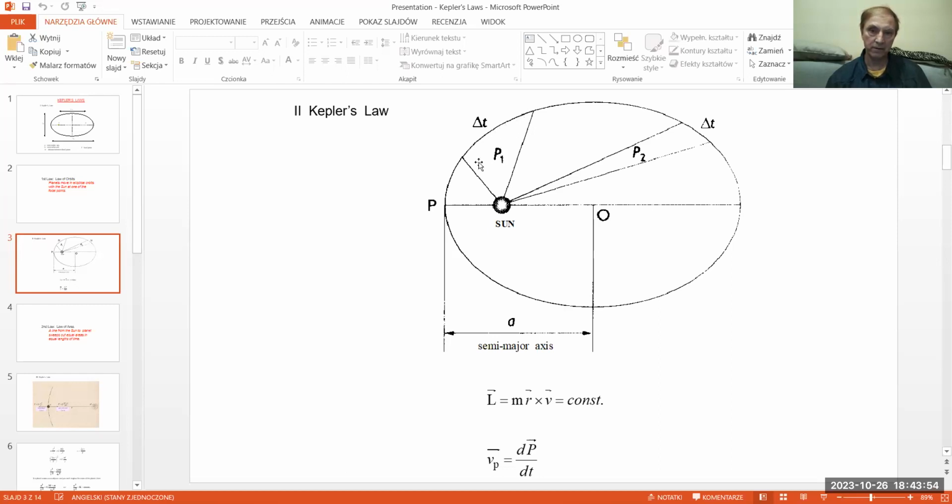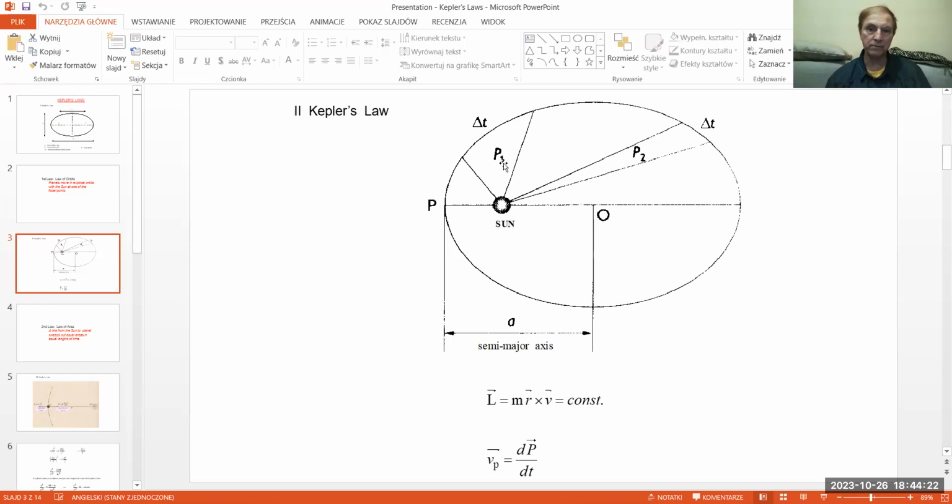All is inside the two radii, the two lines that connect the Sun and the planet, the initial and the final position of the planet. Between the two lines and the arc, there is an area which is marked here with P1.